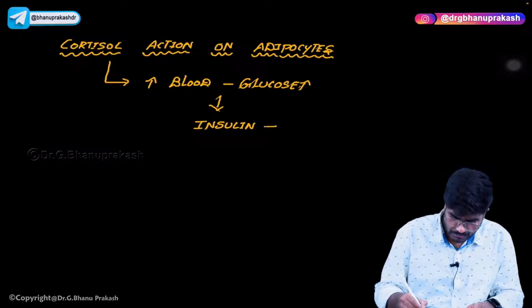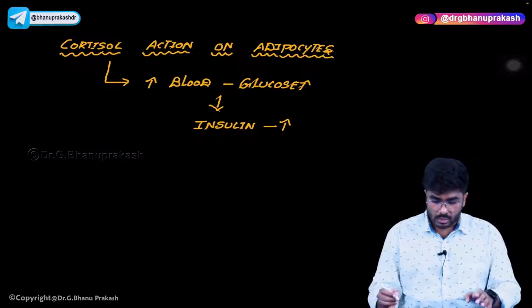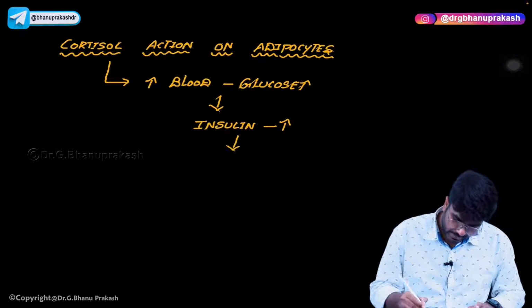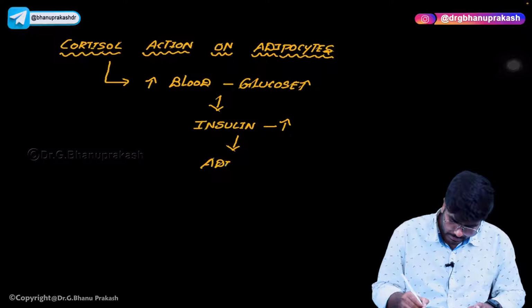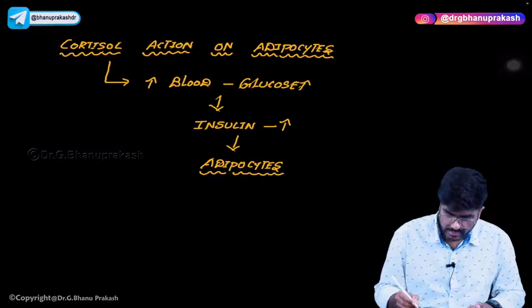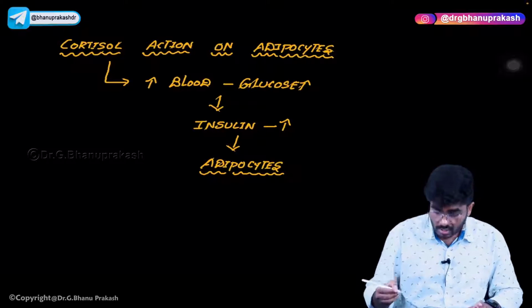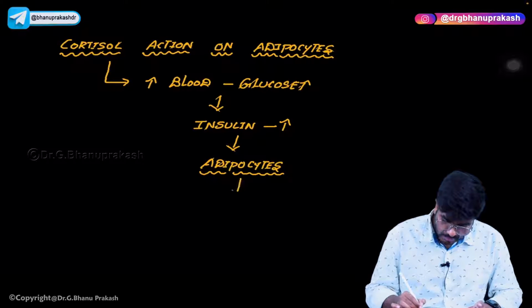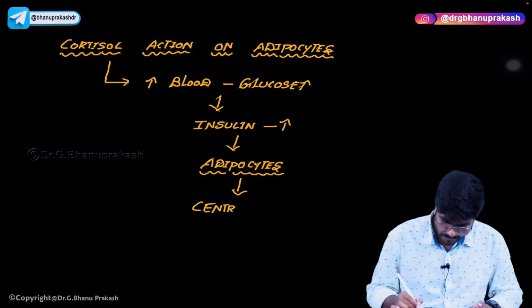Insulin levels also elevated. Now this insulin will act on adipocytes, especially in the center of the body, and there will be hypertrophy and hyperplasia of these adipocytes that will cause centripetal obesity.